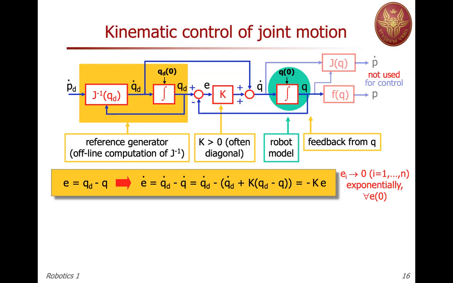Of course, you cannot use a huge value for K, because you would then violate the assumption that your robot model can be packed into a simple integrator. Then you will excite the things that you have neglected in the modeling and in the closed-loop modeling of the low-level controller.